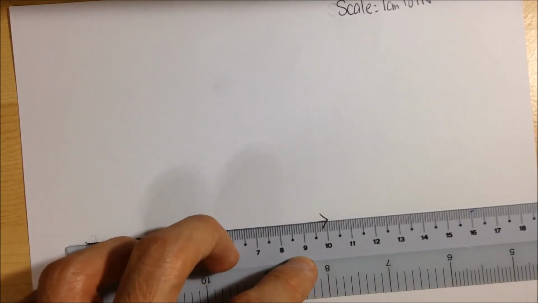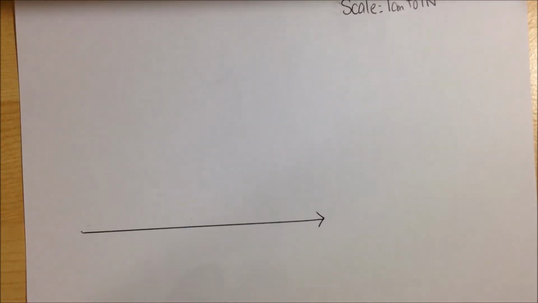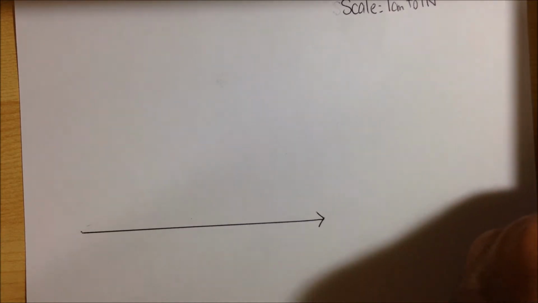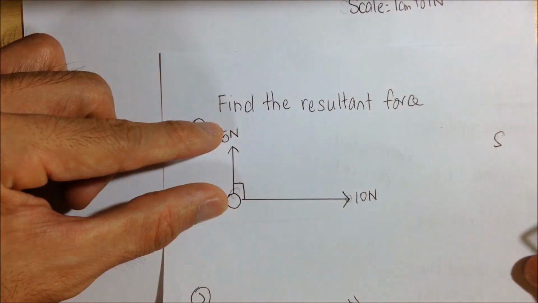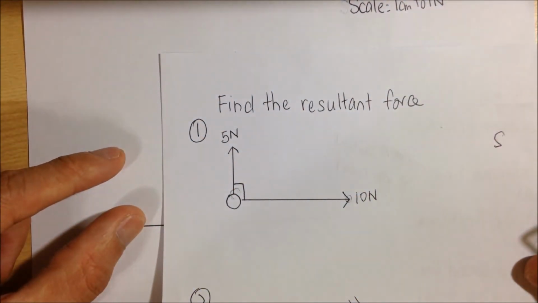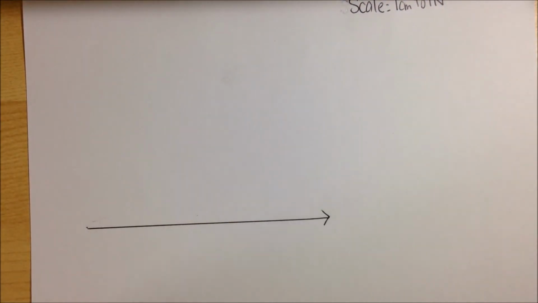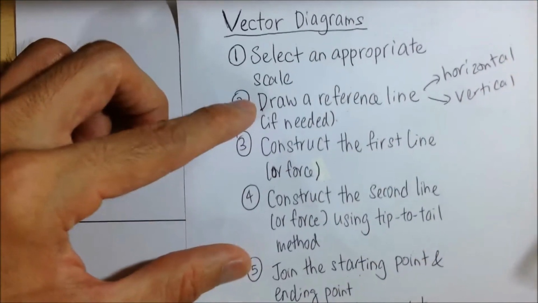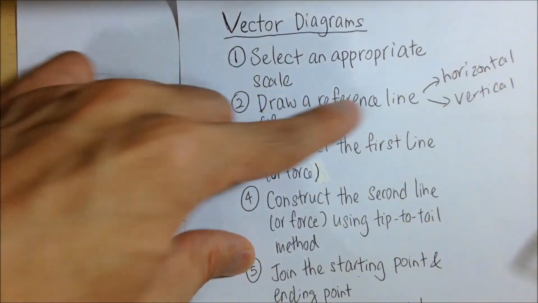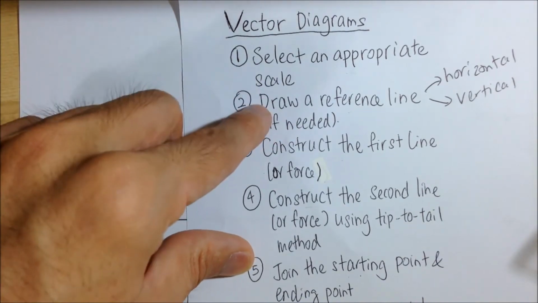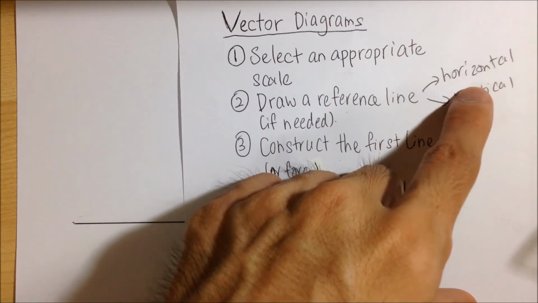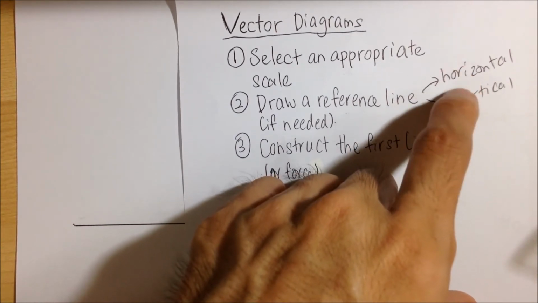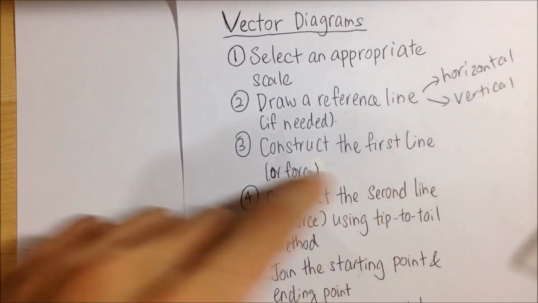So next, you need to draw your second force, which is your 5 Newton force, in a tip to tail fashion. Let's look at the question again. So what happens is that this 5 Newton force will go here in order to complete the tip to tail. So basically we are already at this point. We have skipped the drawing of the reference line because this one doesn't need one, as the 10 Newton force and the 5 Newton force are already on the horizontal and vertical.